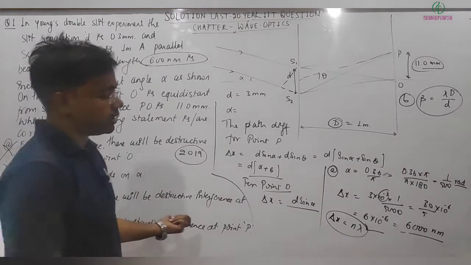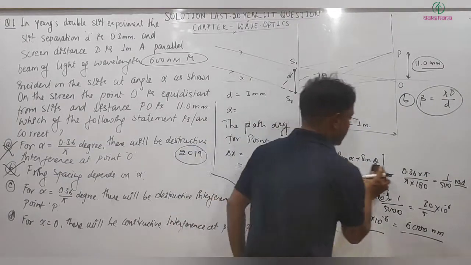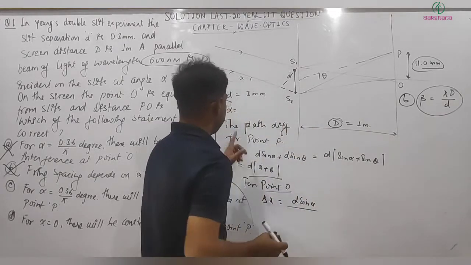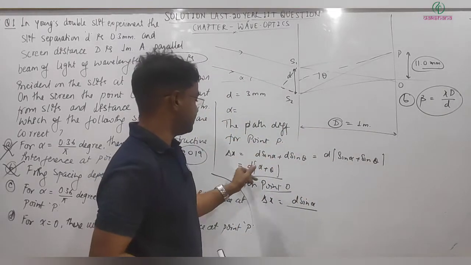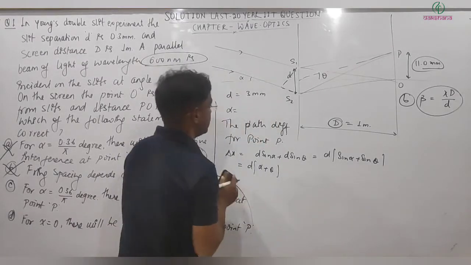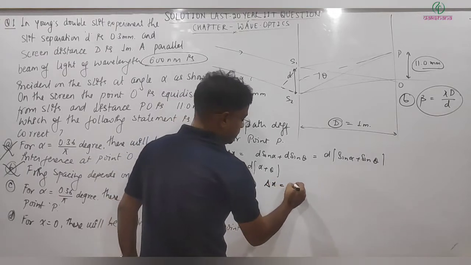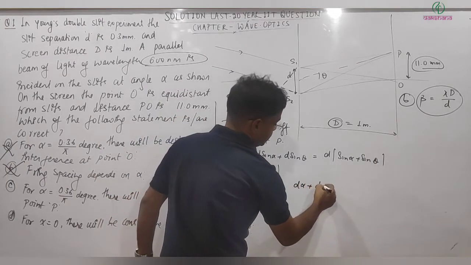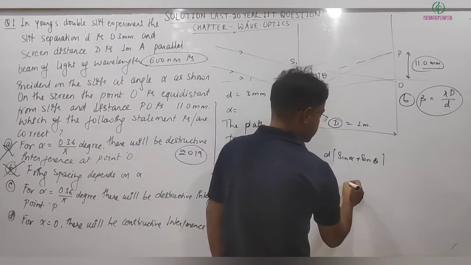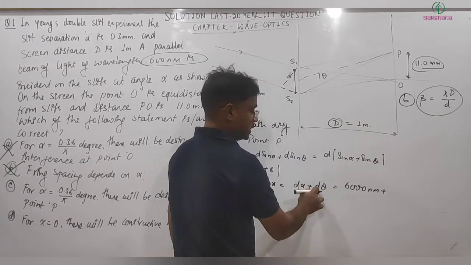So let's check the condition for point P also. So I can erase this part, and we got for point P the path difference coming out to be this. Let me write, this is for option C. So delta x is equal to d alpha plus d theta, and this value I already know, it's coming out to be 6000 nanometer. Let's check this d into theta.